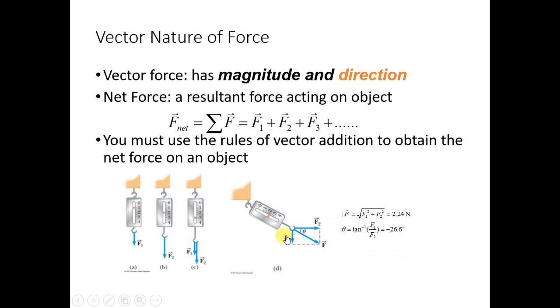One force is in this direction and one force in this direction, so the resultant force is in this direction. F equals 2.24 newtons. Theta equals tan inverse of F1 by F2, equals minus 26.6 degrees, which is our angle.